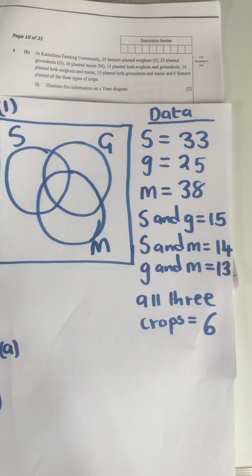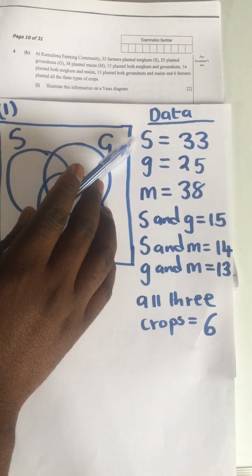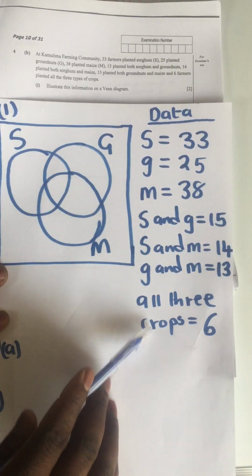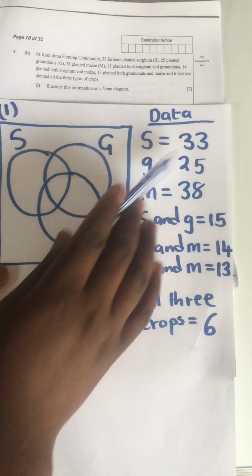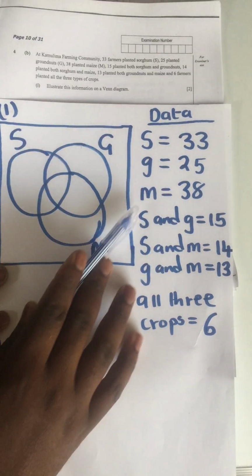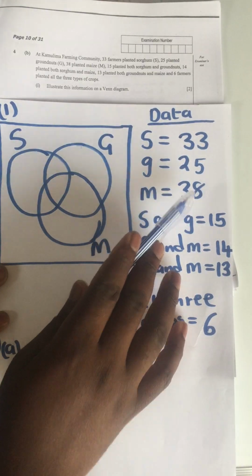So when you're answering sets, the first thing is to come up with the data. Once you have got the data, it will be easier for you to answer set questions. So the first thing you have to do is to get the information, which I've done. Sorghum, there were 33, groundnuts 25, maize 38.